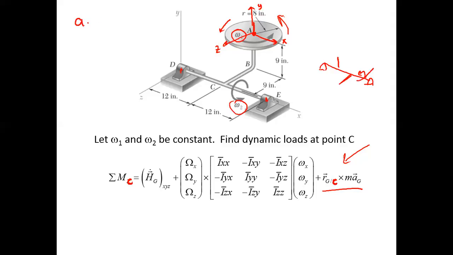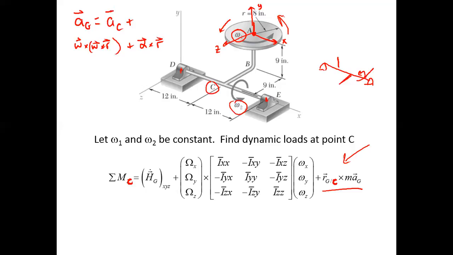Acceleration of G is really equal to acceleration of C, which is this point down here, plus omega cross R, plus potentially an alpha cross R. That's just our relative velocity equation.